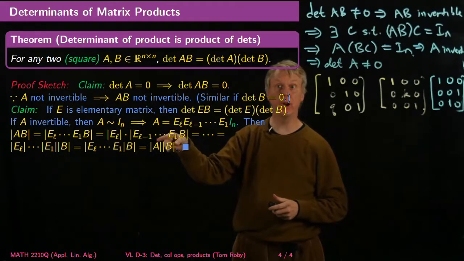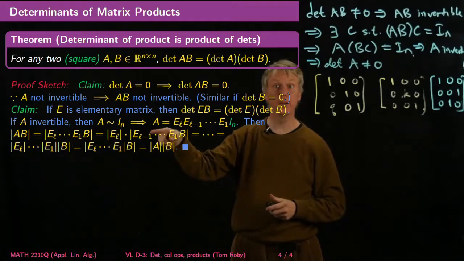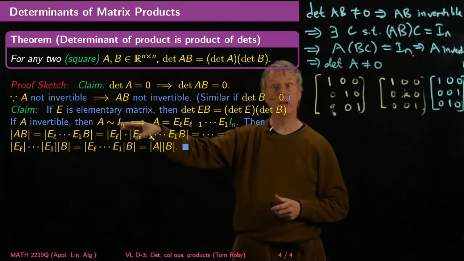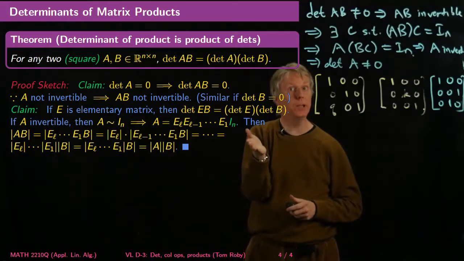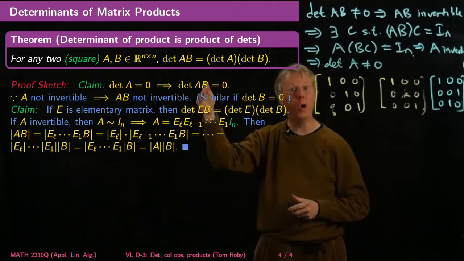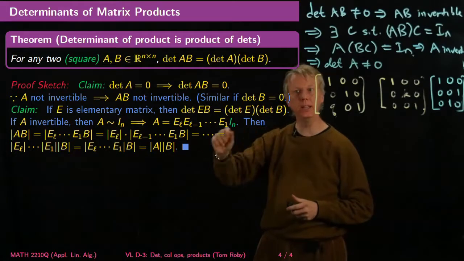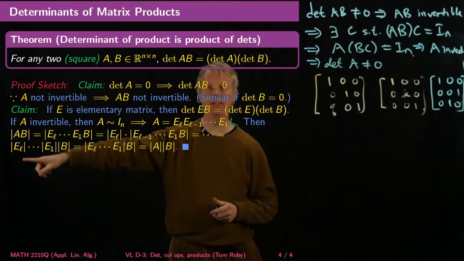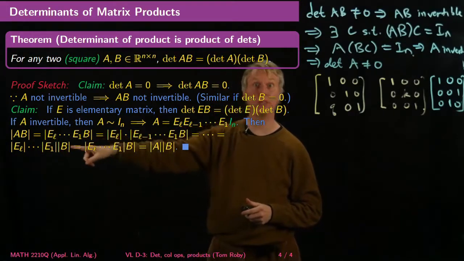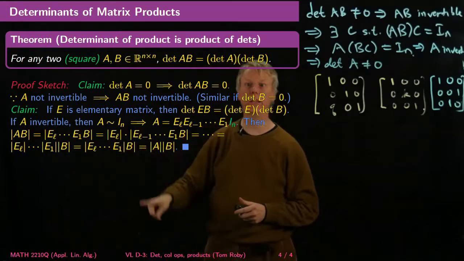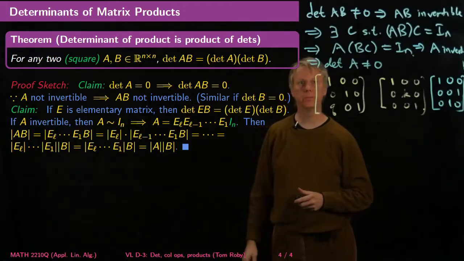Then I can split off the determinant of EL minus 1 times the determinant of the rest. I just keep doing this step by step, splitting off one elementary matrix at a time, just peeling them off, until what I get is the determinant of EL times the determinant of EL minus 1, dot, dot, dot, the determinant of E1, and then finally the determinant of B.